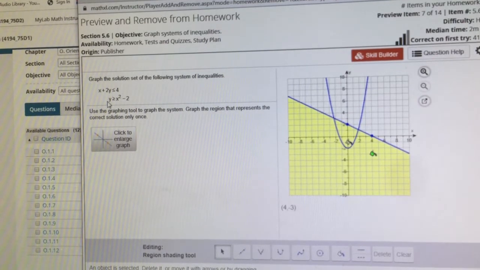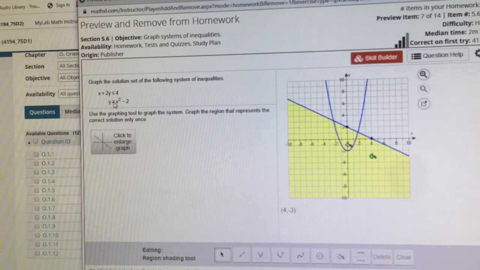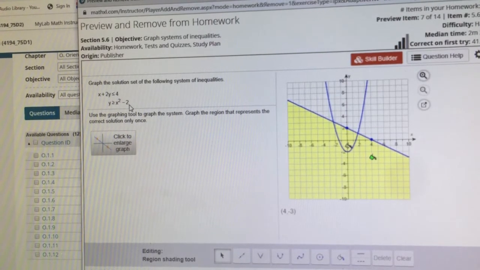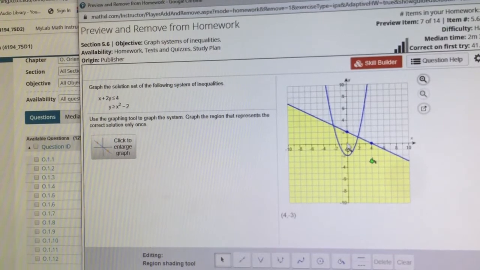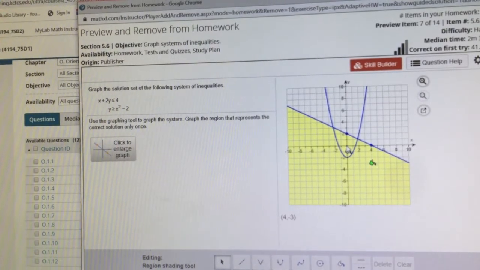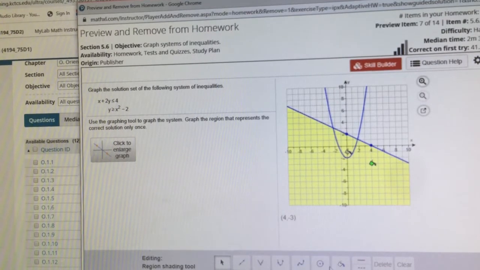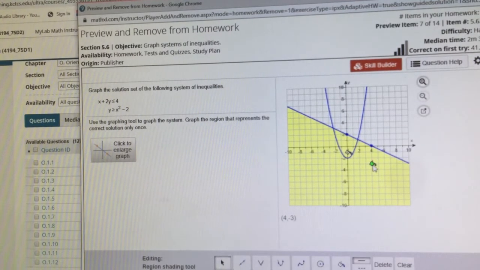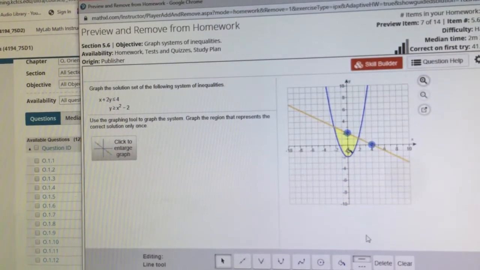So if I put 0 for y, I put 0 for x, I'll have 0 is greater than -2. Is that true? Most certainly. So that means inside my parabola, this test point is true, which means this shaded part right here, I need to delete it off. And that should be it right there.